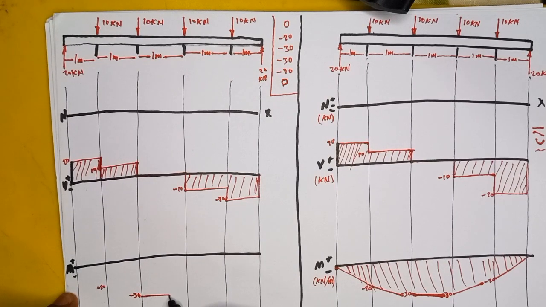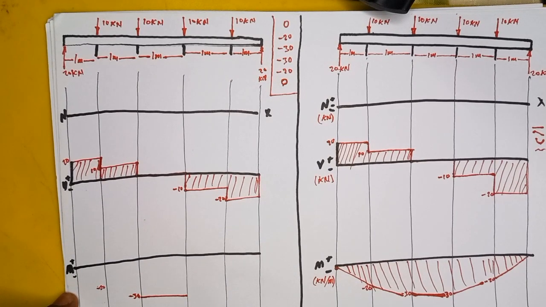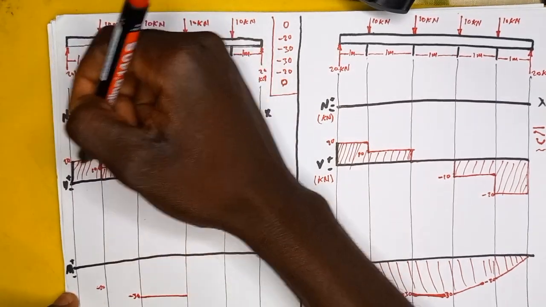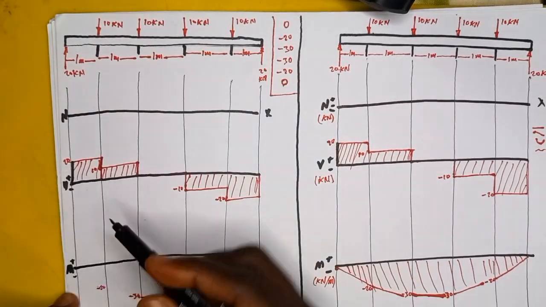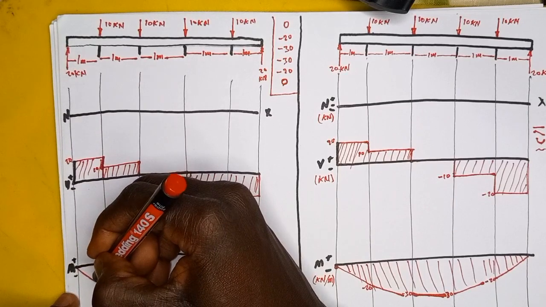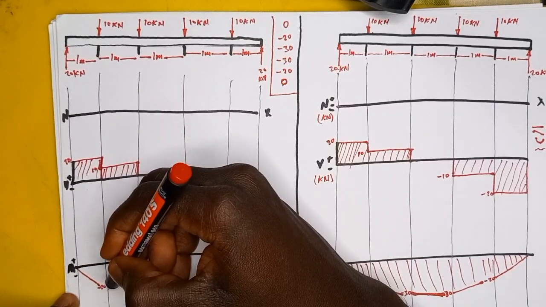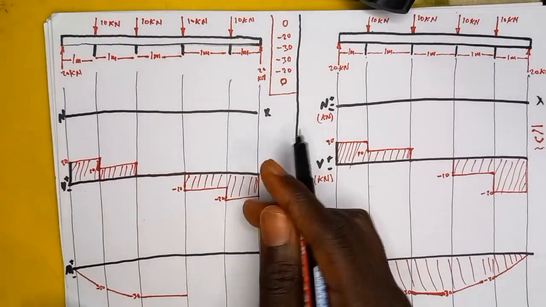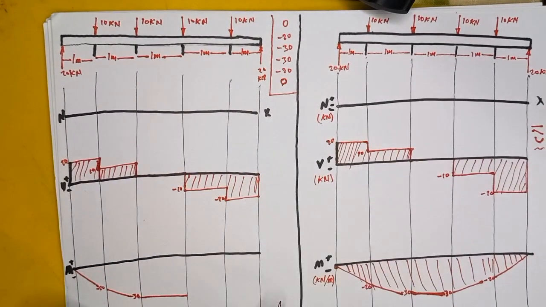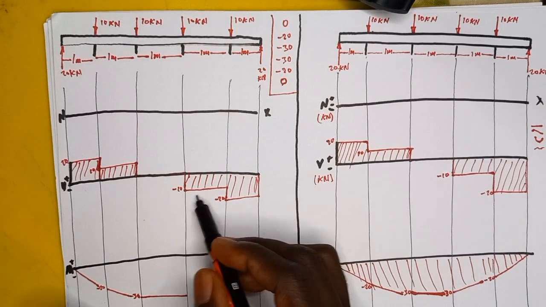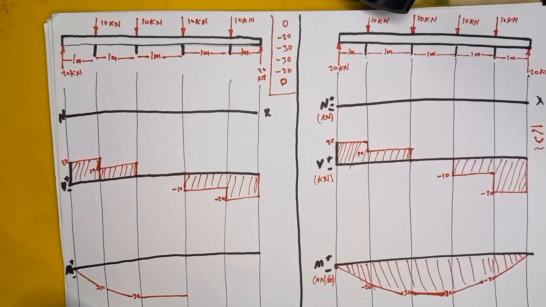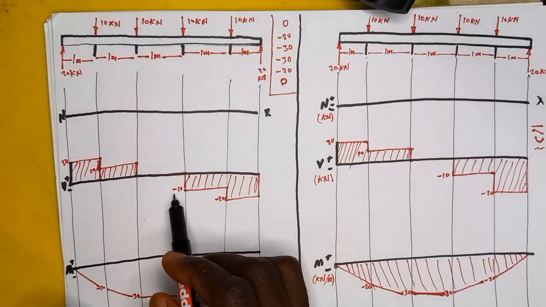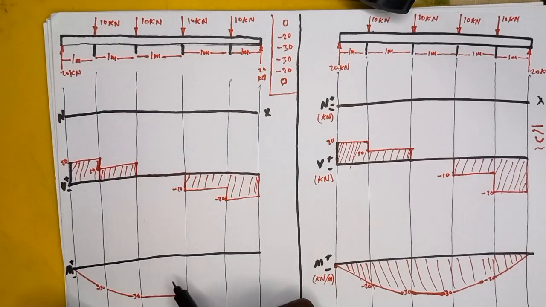We continue this way, right? And since these graphs are all straight lines, we are going to get an inclined line here, right? And the next one is in a negative region. Since it is in a negative region, it's going to go into the positive region. So the height of that is negative 10.